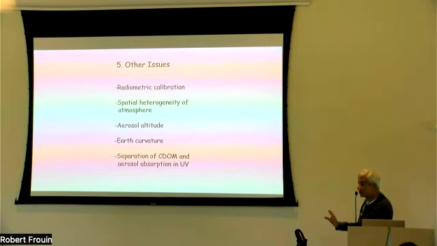And another thing is the Earth's curvature. We know these algorithms assume that the Earth is plane parallel, but actually there is sphericity, and this changes the signal that you measure at the top of the atmosphere compared to the model.